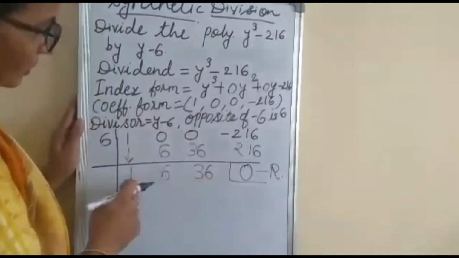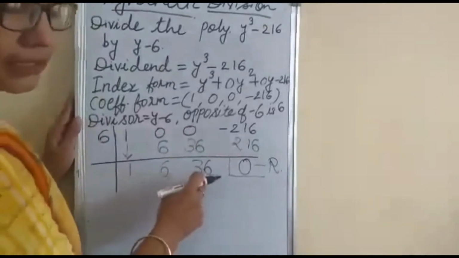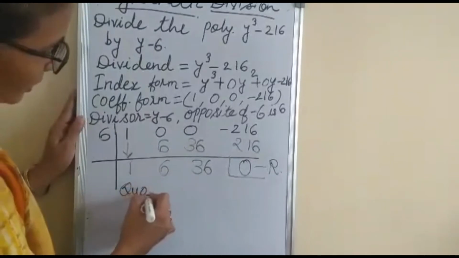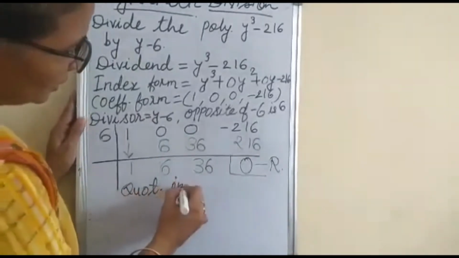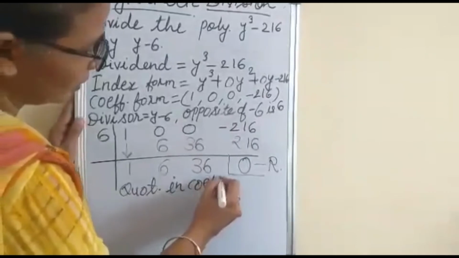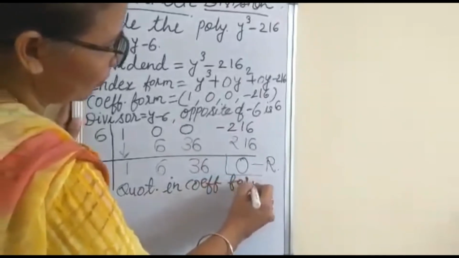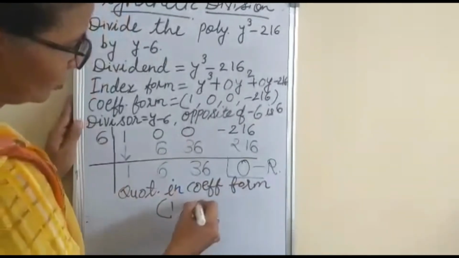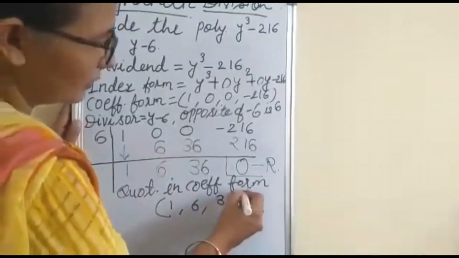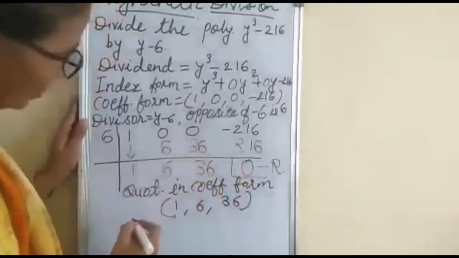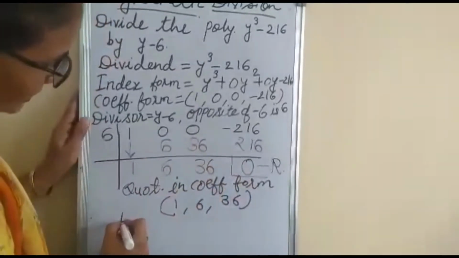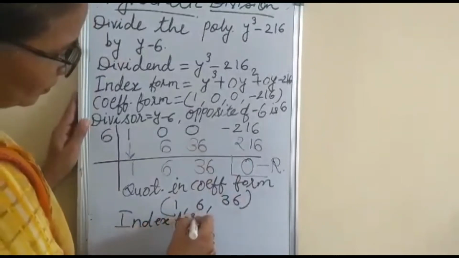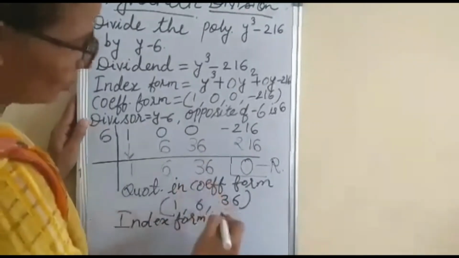And now whatever this 1, 6 and 36 is, that is your quotient. Means first you will write the quotient in coefficient form. Okay. Now what is the coefficient form of the quotient? 1, 6 and 36. And now you have to write its index form. What is the index form?